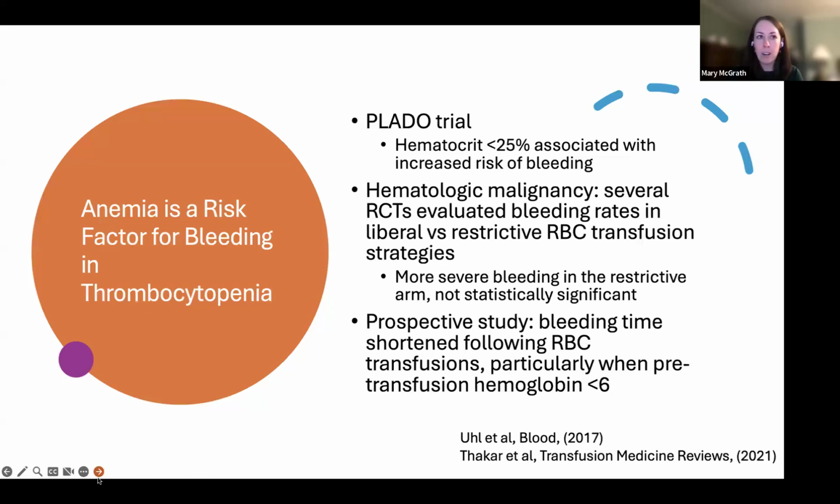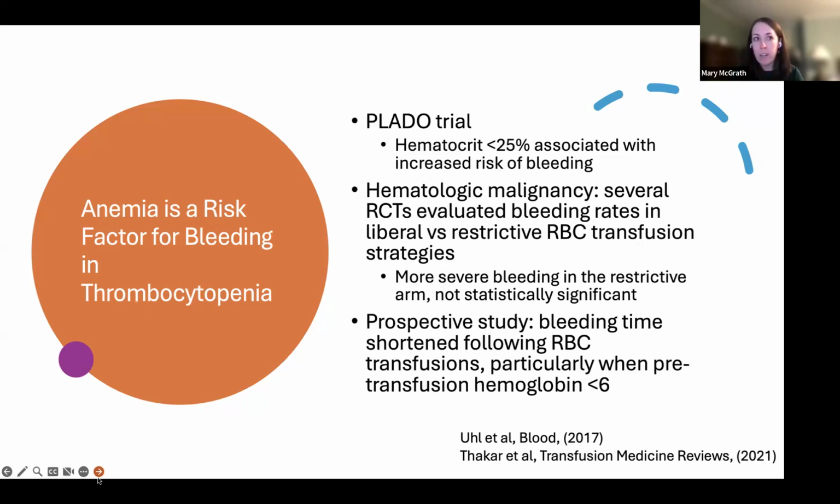Anecdotally, thinking back to our patient who is still experiencing epistaxis, it has overall improved since presentation, despite continuing to have similar platelet nadirs, in the low teens, which is where her platelet count was when she first presented.